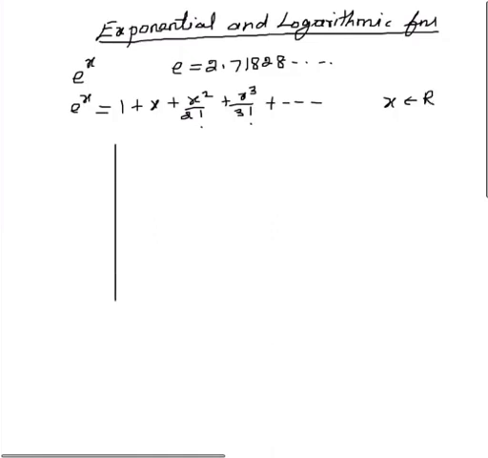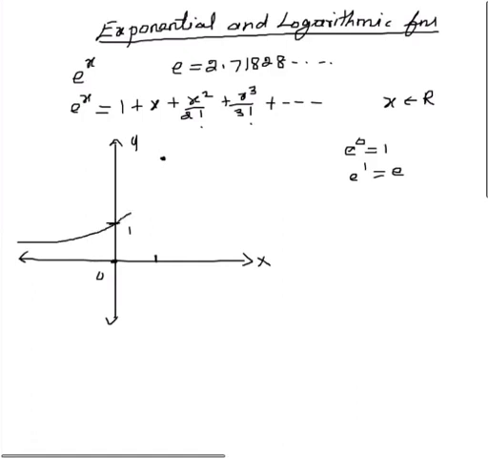And for the graph of the exponential function, x can take any real value, and we know that e power 0 is 1. Therefore, when x is 0, y takes the value 1. The graph passes through this point (0, 1), and e power 1 is e, which is approximately 2.7. Somewhere here it will be.